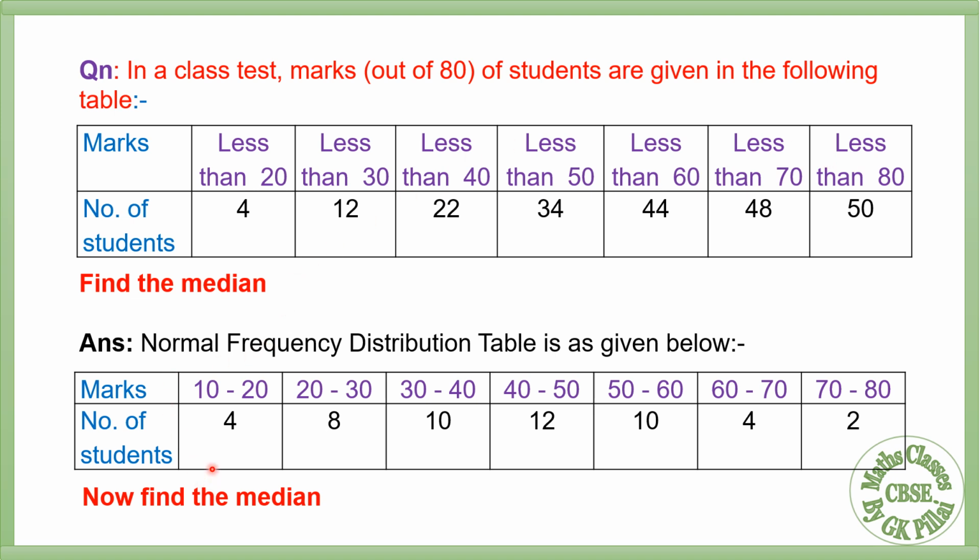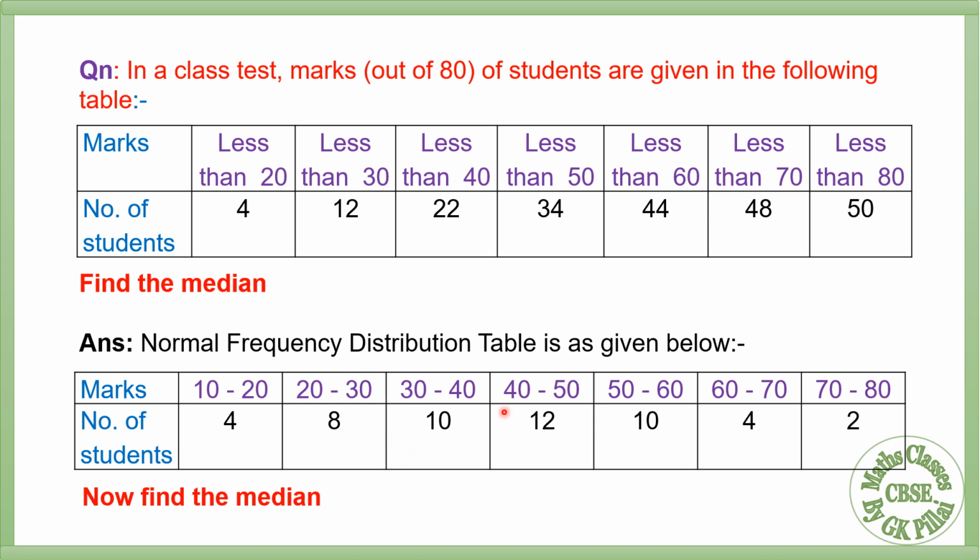Now let us come to the normal frequency distribution. So you will write the class intervals like this. Here, less than 20 means let us take up from 10 only. 10 to 20, 20 to 30, and so on, up to 70 to 80 will be the last one. Less than 20, if you are taking the class interval 10 to 20, it will be 4 only. Now for 20 to 30, the frequency will be 12 minus 4, 8.